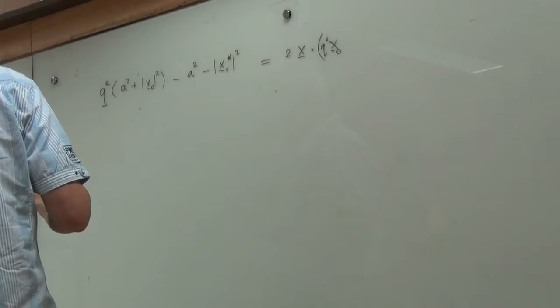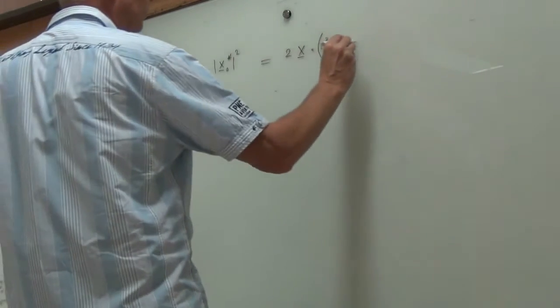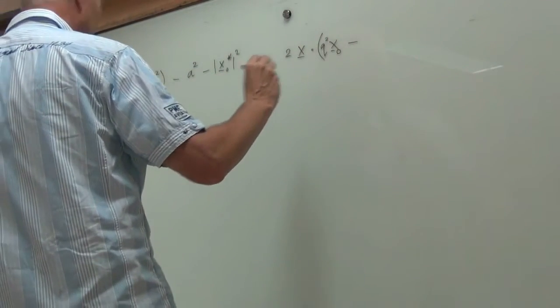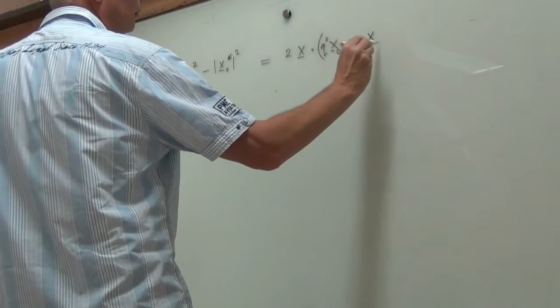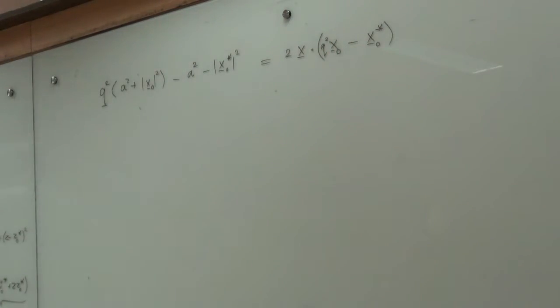Yeah, you're right, the q squared is coming here. And then I have the other one minus x naught. Yeah, then I get this expression. Okay. And I wait until everyone has written this out.